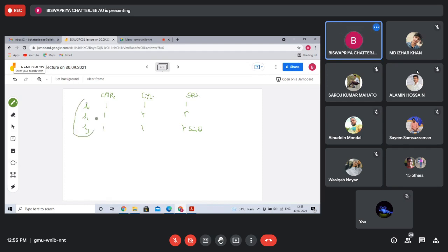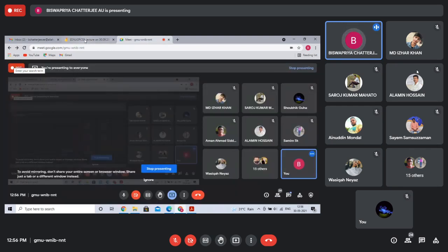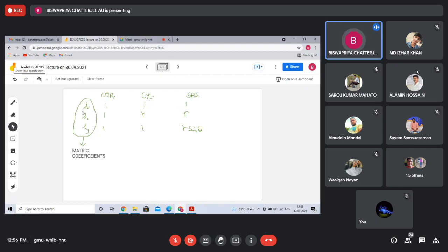They are called metric coefficients. So please remember these three values: 111 for the Cartesian system, 1r1 for cylindrical, and 1, r, sine theta for spherical. So this is all I have to say for today.